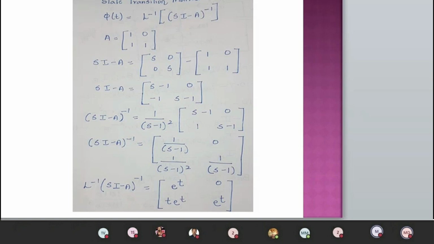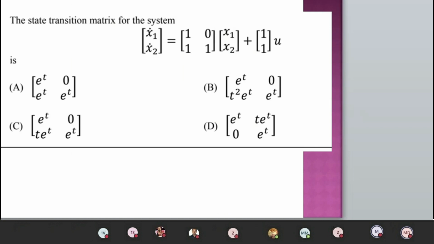Inverse Laplace of 0 is 0. 1 by S minus 1 the whole square is t e power t, because 1 by S minus a the whole square is t e power at. Similarly, 1 by S minus 1 the whole cube is t square e power t. Next, 1 by S minus 1 is e power t. Okay. So check which solution is correct. C.